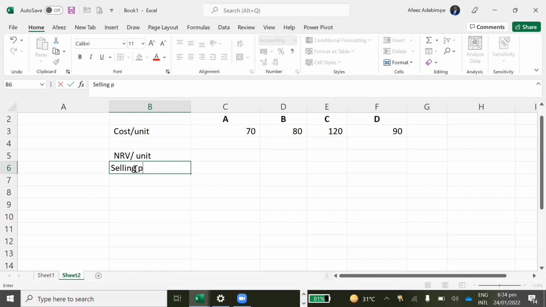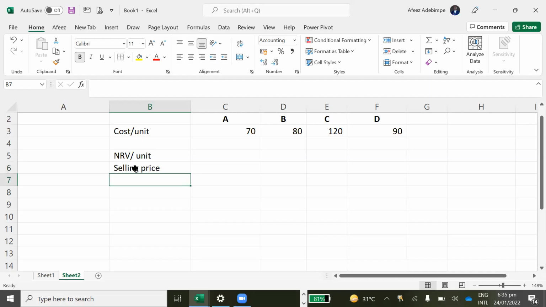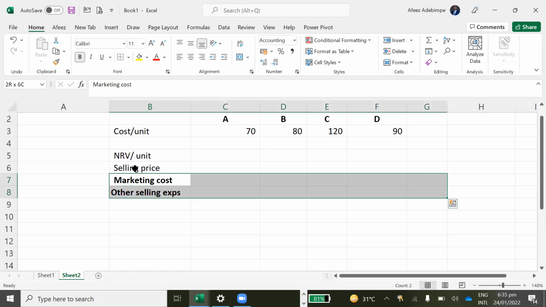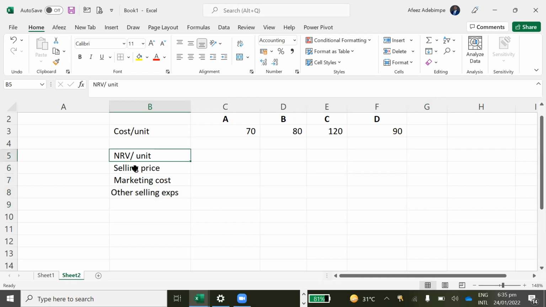I have my marketing costs and other selling expenses. Can I quickly do that?